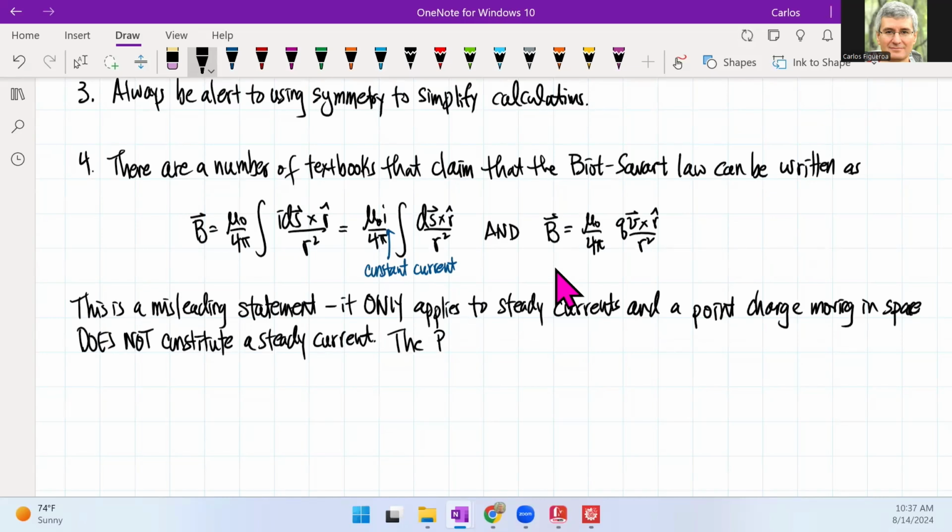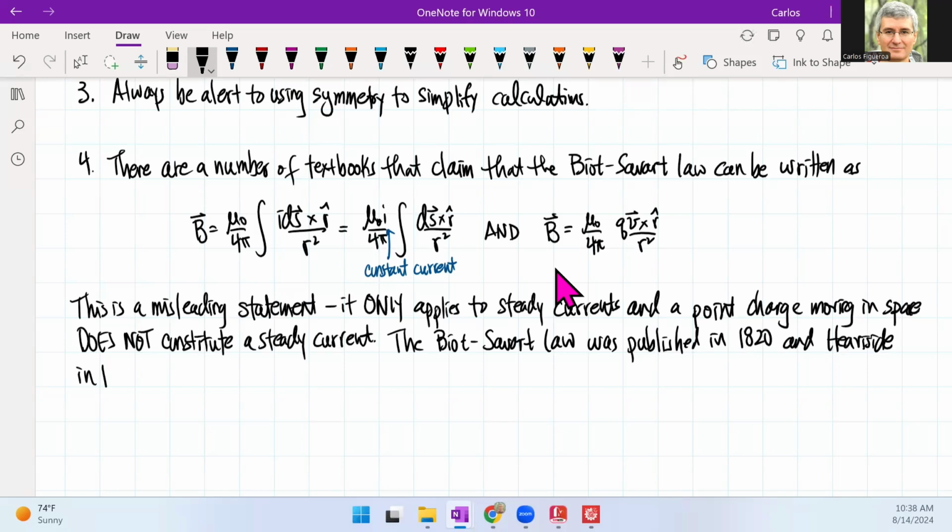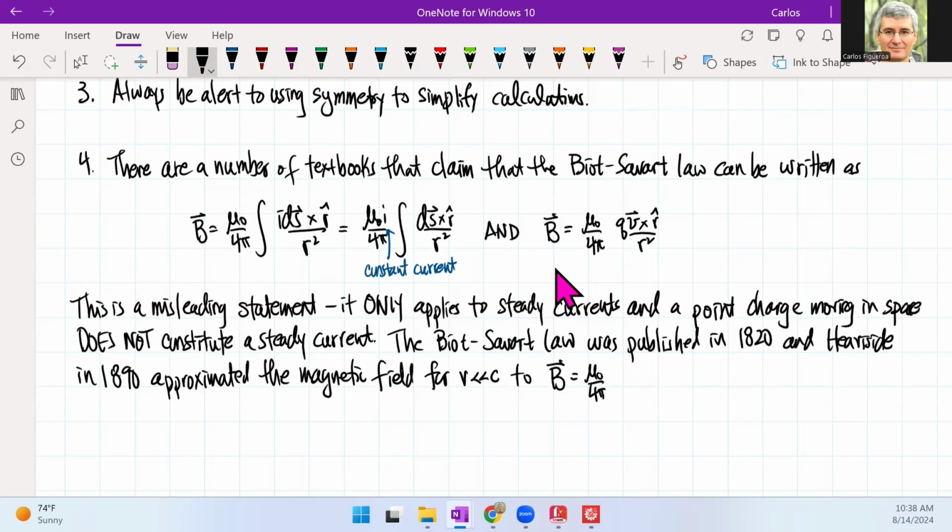The Biot-Savart law was published in 1820, and Heaviside in 1890 approximated the magnetic field for v much, much less than c to be equal to mu naught over 4 pi, q v cross r squared.